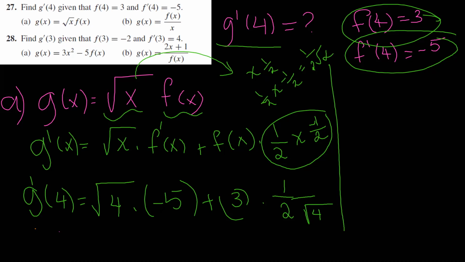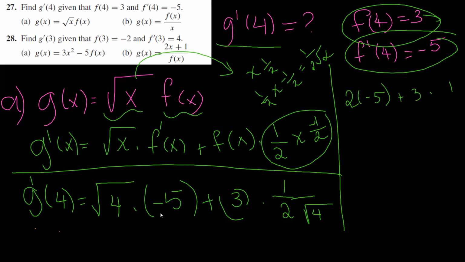So now back here. The square root of 4 is 2, times -5, plus 3 times 1 over 2, and the square root of 4 is also 2. So 2 times -5 is -10 plus 3 over 4.